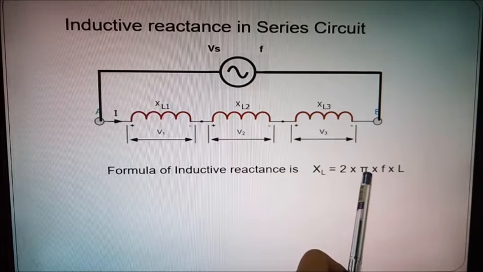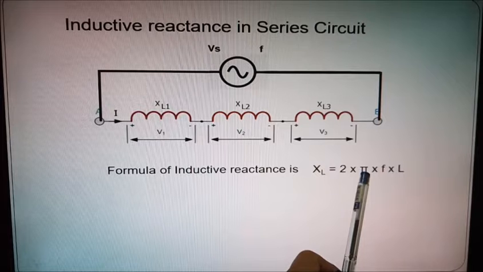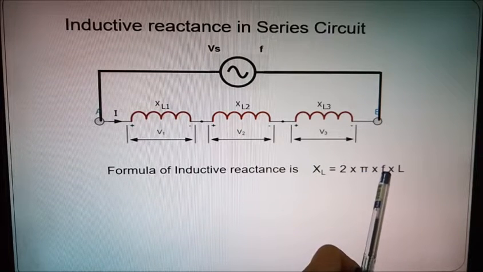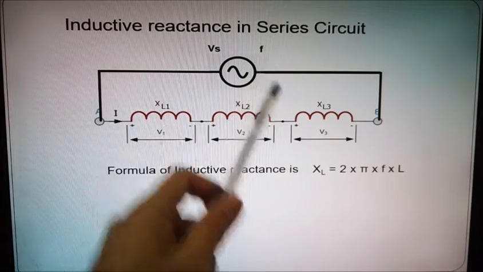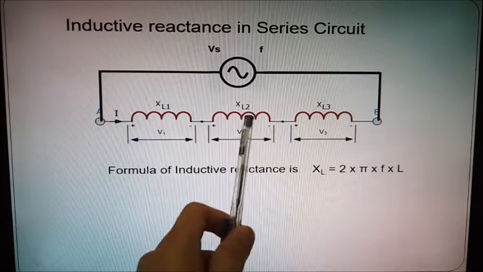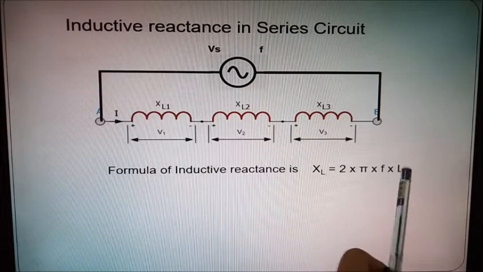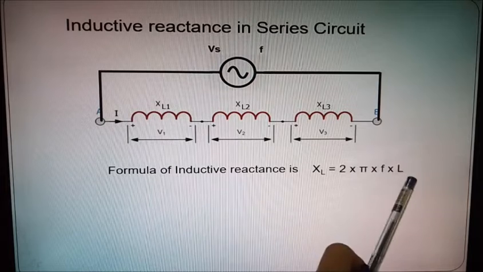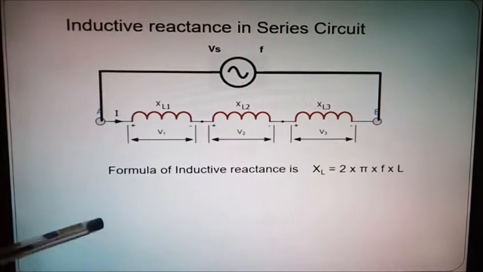Remember, the value of pi is 3.1415, the value of F is given, and the value of L is from the inductors here. It is either L1, L2, L3, or total inductance.